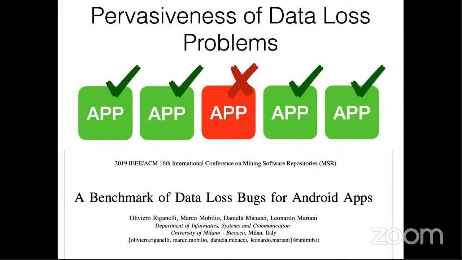In our previous study, we found that data loss problems are very common in Android apps. We analyzed bug reports of open source apps available on a well-known app market, and we found that 20% of these apps have at least one bug on data loss.